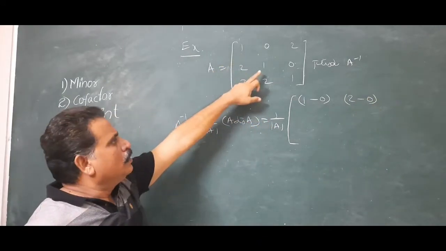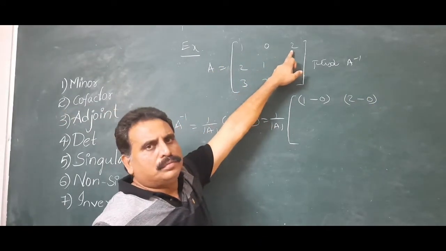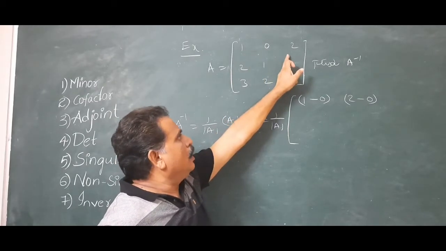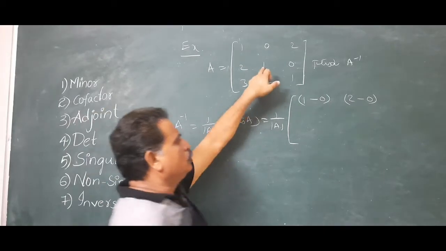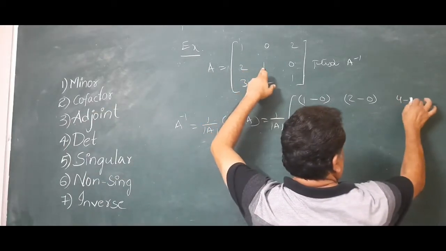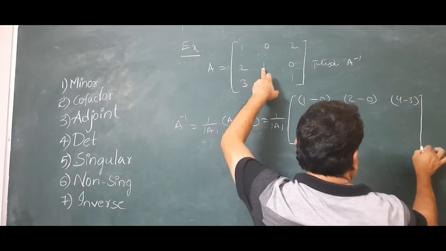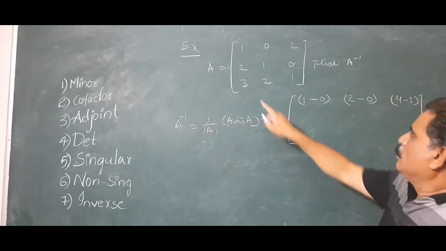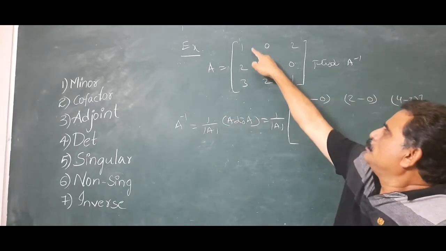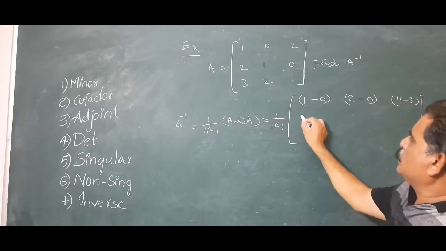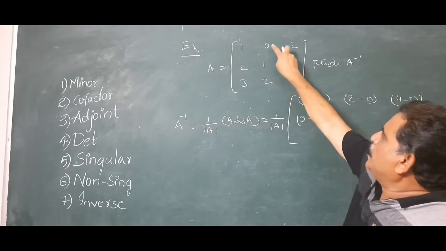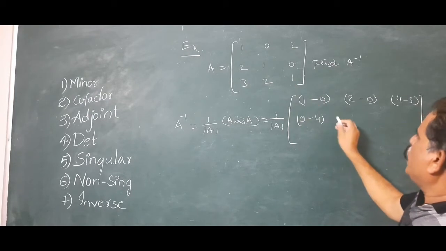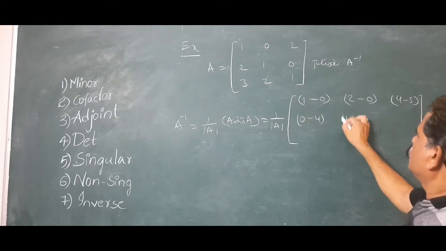Next, minor of 2, eliminate first row and third column, 4 minus 3. Now, minor of 2, that is 0 minus 4. Minor of 1, that is 1 minus 6.